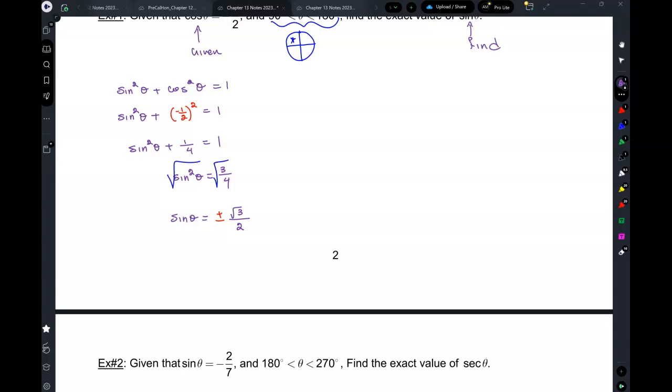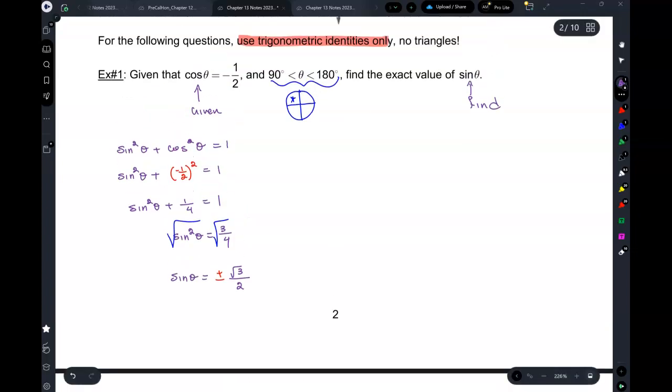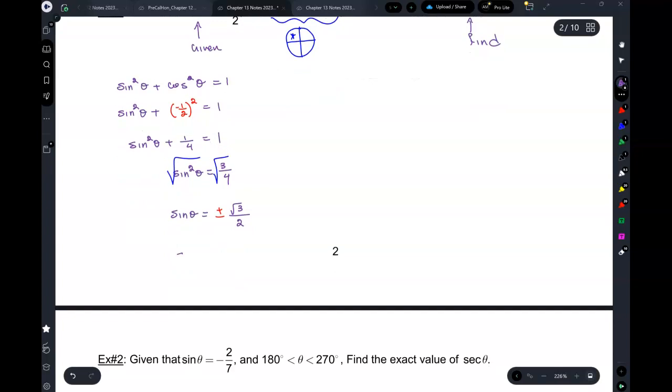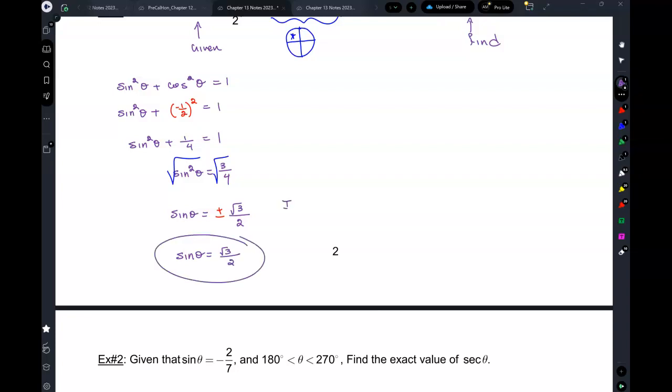Now, we can't have two answers. We could only have one answer. But we're in luck because we know what quadrant we're in. We're in the second quadrant. In that quadrant, is sine positive or negative? Positive. So I gotta go for sine of theta is positive root 3 over 2. Okay, so let me just write that here. In quadrant 2, sine of theta is positive.